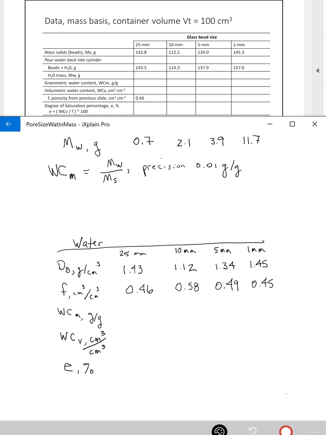So for our first one, the water content by mass is equal to our mass of water for the first one, which is 0.7 grams, over our mass of the solids for that first one, which was 142.8 grams. So we do our math there really quickly.